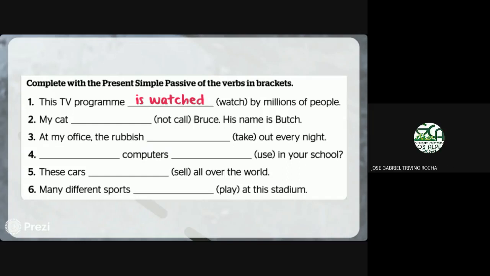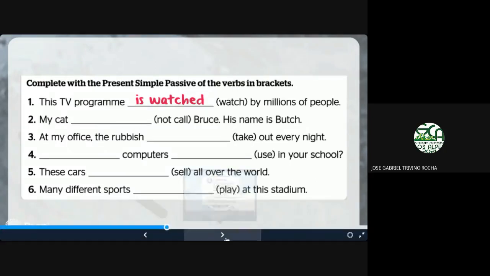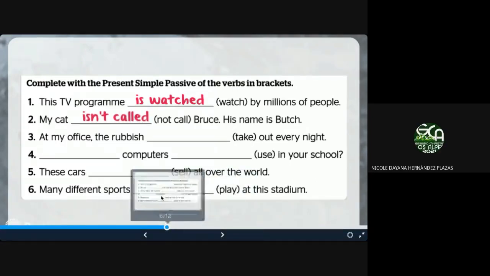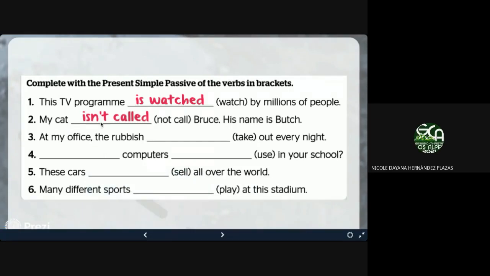My cat isn't called, creo. Yes. My cat isn't called Bruce. His name is Butch. Very good, Jose. Remember, guys, that you can also say it is not or are not, okay? My cat isn't called Bruce. His name is Butch. Thank you very much.